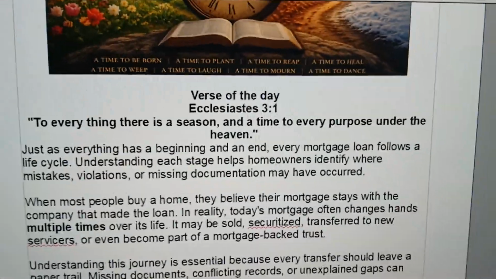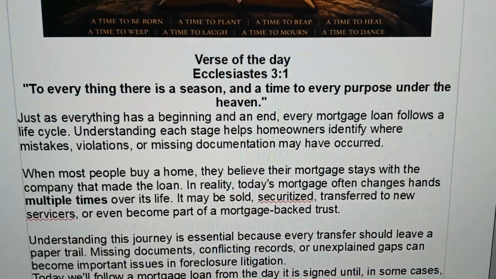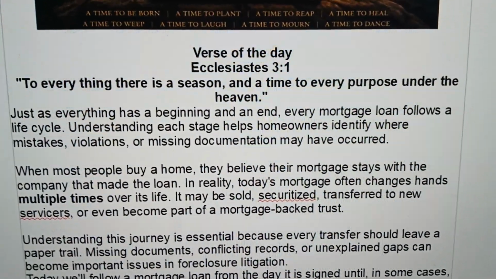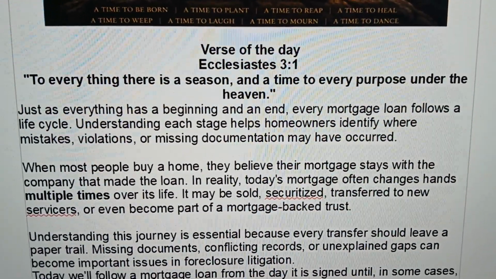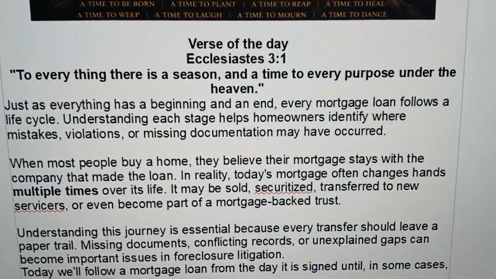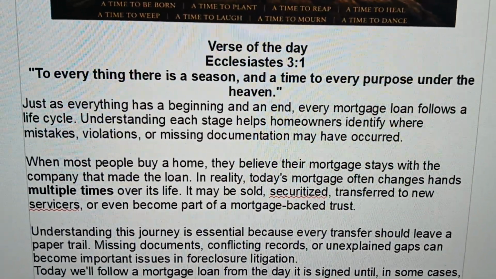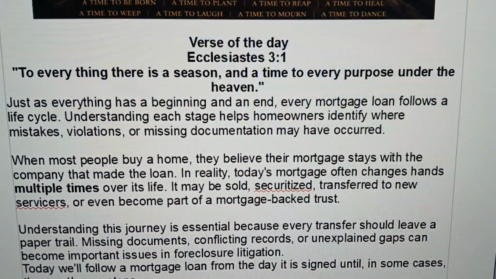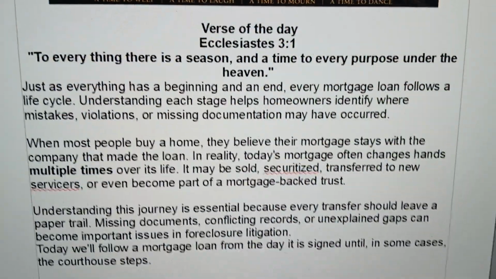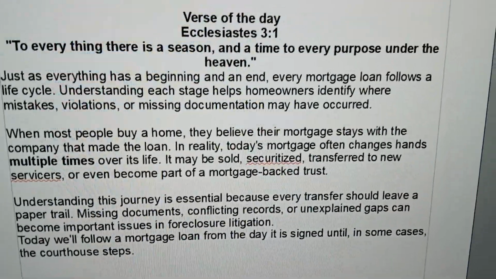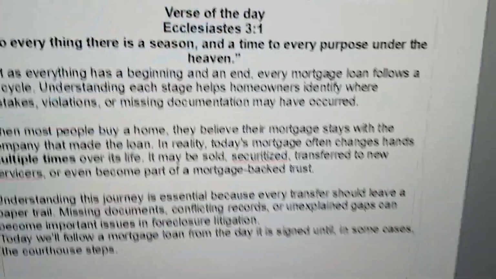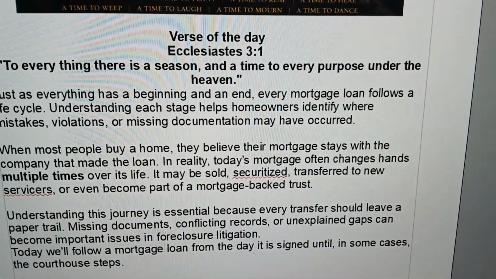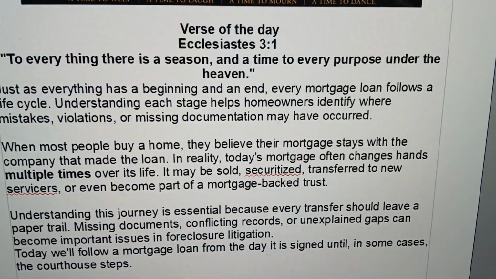So, in foreclosure context, just as everything has a beginning and an end, every mortgage loan follows a life cycle. Understanding each stage helps homeowners identify where mistakes, violations, or missing documentation may have occurred. When most people buy a home, they believe that their mortgage stays with the company that made the loan. In reality, today's mortgage often changes hands multiple times over its life.